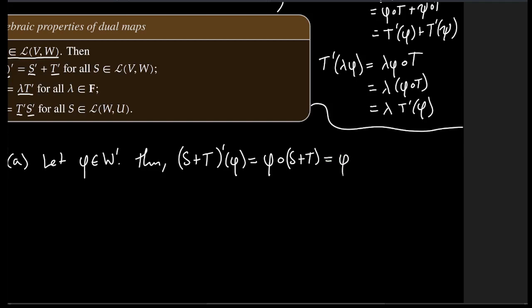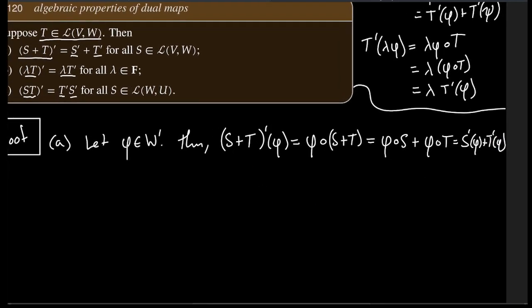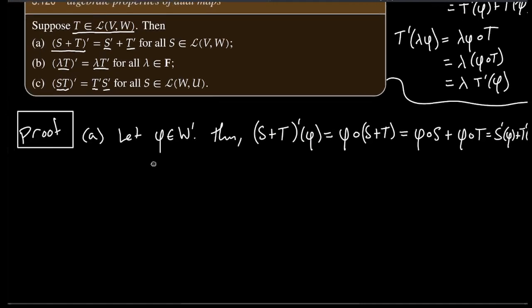This is phi composed with S plus phi composed with T, which is just S prime phi plus T prime phi. So for all phi in W prime, S plus T prime on phi and S prime on phi plus T prime on phi agree at every point, so they are the same map.